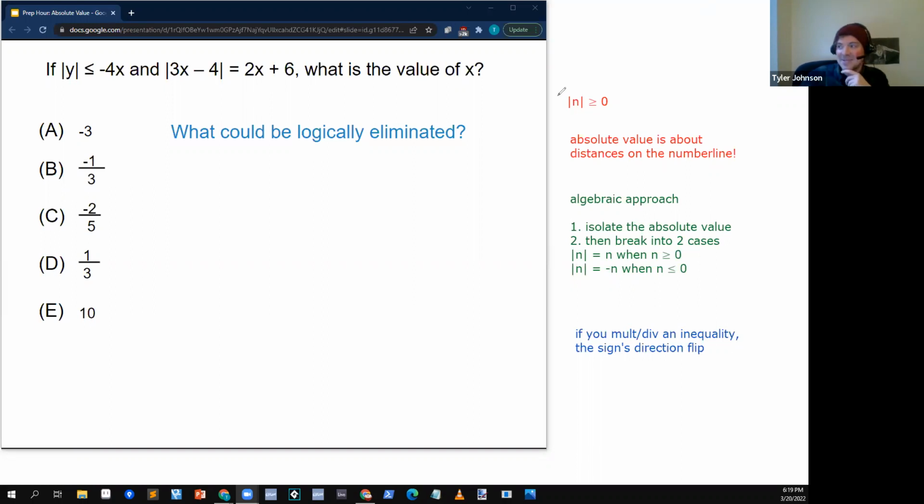Give you a hint, it has to do with this definition we talked about. An absolute value is 0 at its smallest. So we're looking for a value of x. Which one of these answer choices can we eliminate?